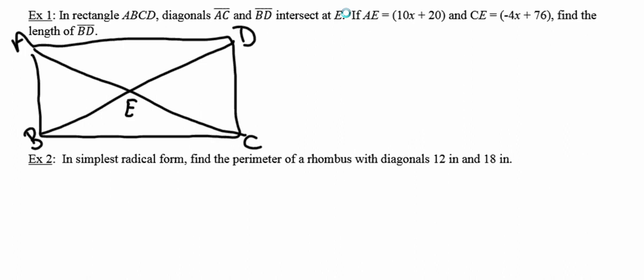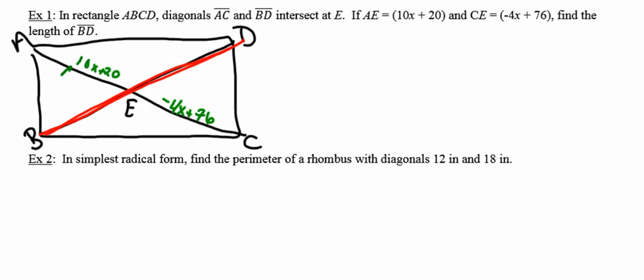And I'm going to go now and label the segments that were given to me. So A to E is 10x plus 20. C to E is negative 4x plus 76. And they want us to find the length of diagonal BD. Now, because a rectangle is a parallelogram, I know that the diagonals bisect each other.